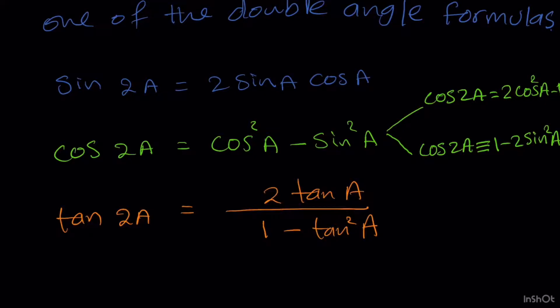So cosine 2a has different forms, but they are all the same. Let's go back to the slides.